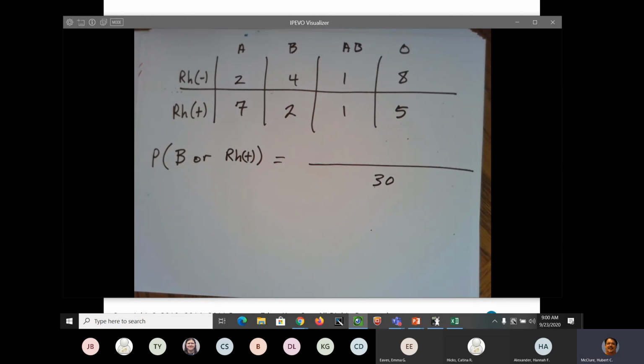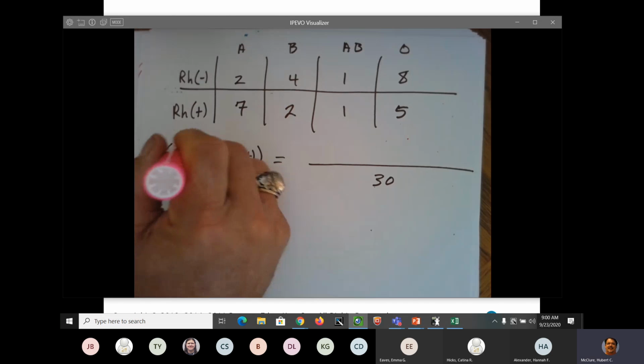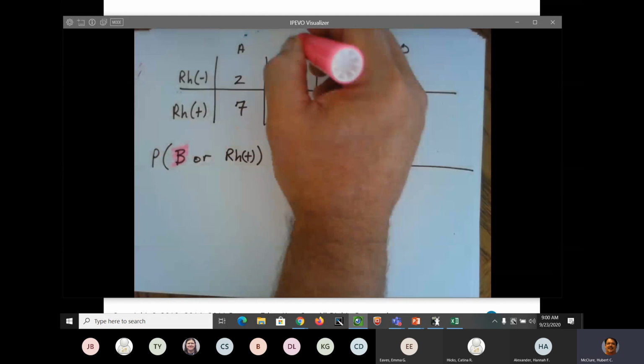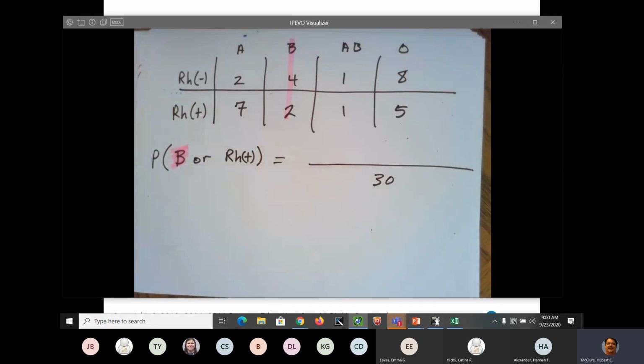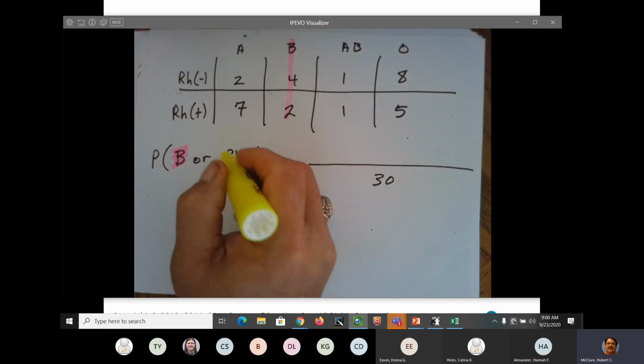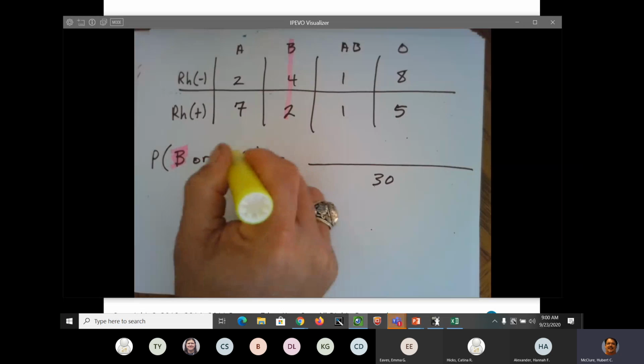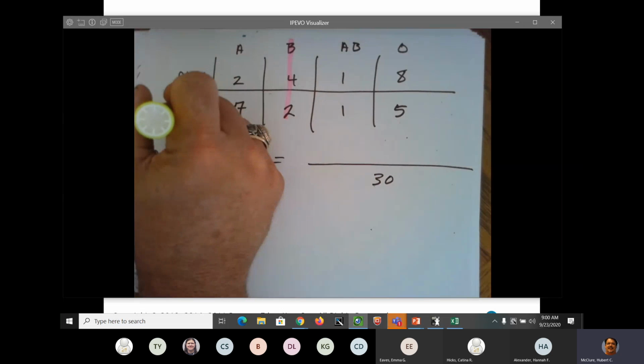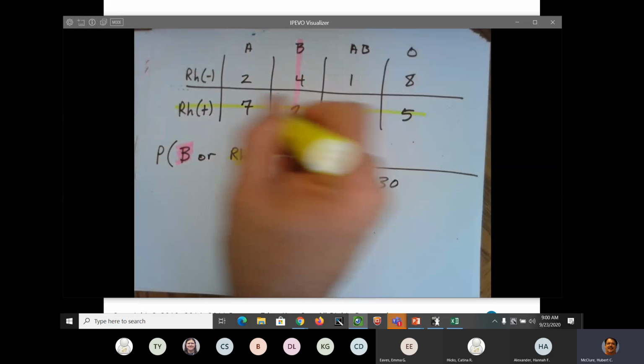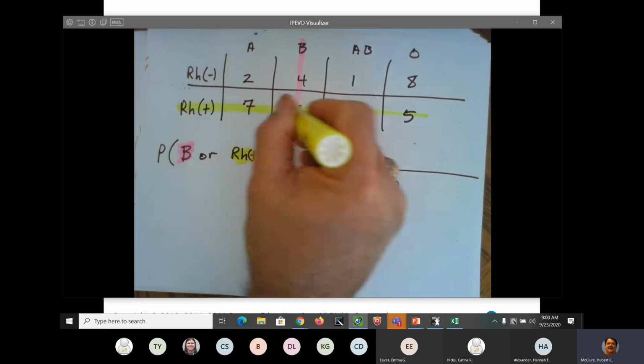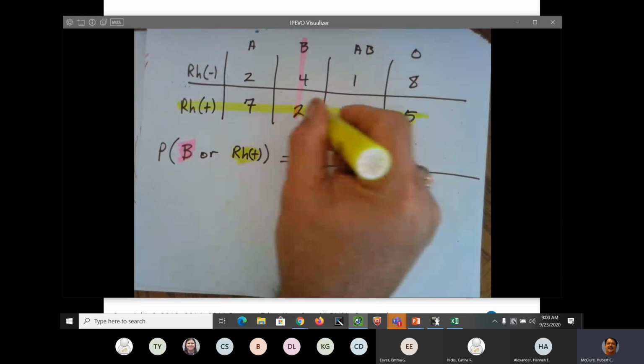And I'm going to take my pink highlighter, and that's going to be B. And I'm going to take my yellow highlighter, and that's going to be Rh positive. Oh my gosh. What do we have? We have an overlap.